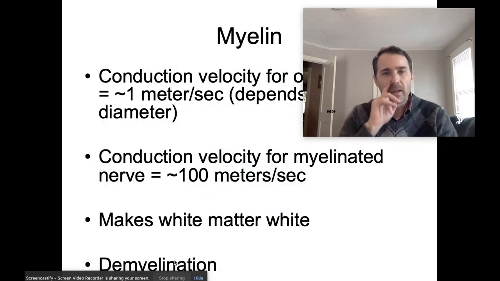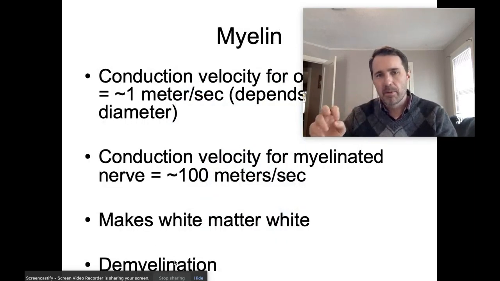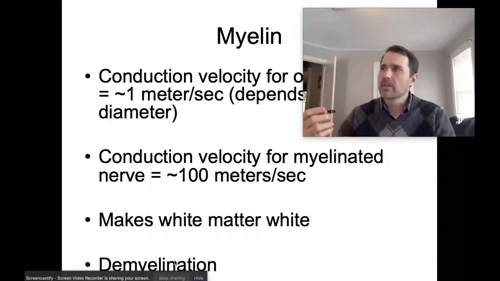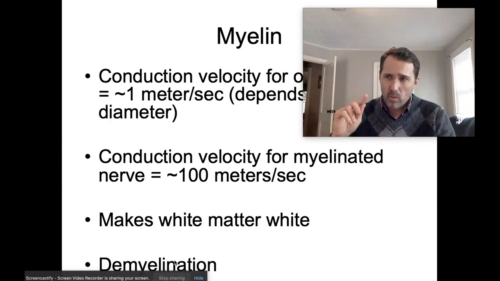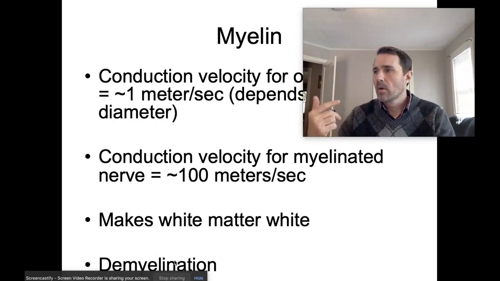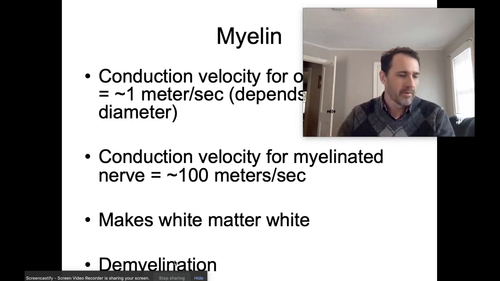And myelin allows an electrical impulse to be transmitted along the neuron at approximately 100 meters per second. And myelin serves to insulate the neuron the same way that we have rubber that insulates the copper wires on all our devices.